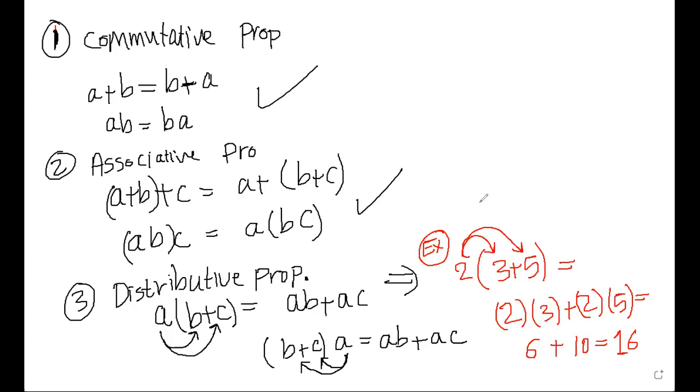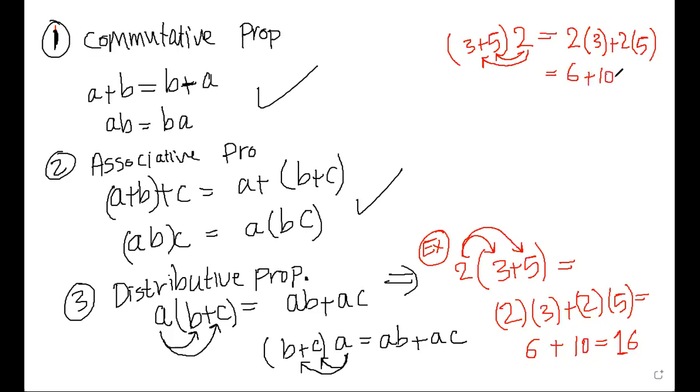The same thing if I multiply 3 plus 5 times 2: the 2 is distributed to the first term and the second term, giving 2 times 3 plus 2 times 5, which is 6 plus 10, equal to 16.